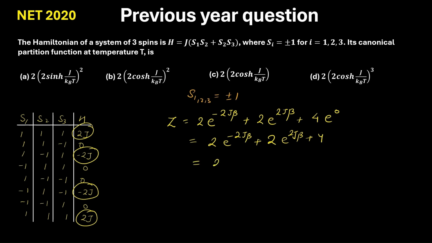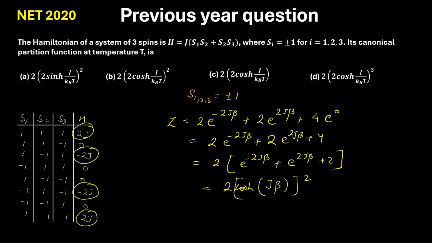Here we can take 2 common outside, e to the power minus 2J beta plus e to the power 2J beta plus 2. The expression inside the square bracket we can write as a square plus b square plus 2ab. So this will give 2 times 2 cosh J beta whole square. Sorry, one more 2 should be there. So you'll have it like this. I think option B is the correct answer.